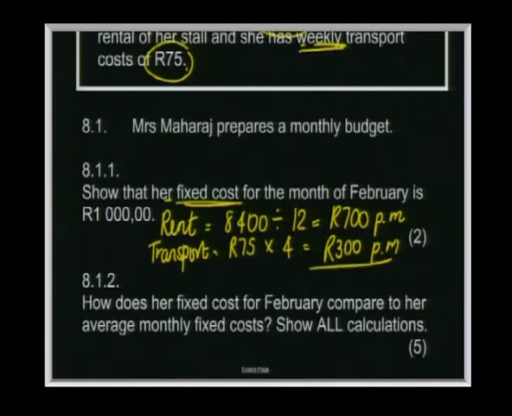And if we add these two up together, that should give me 1,000. And those are my fixed costs. Fixed costs, remember, are costs that don't change. So every single month she will be paying 1,000 rand in her fixed costs. Okay, let's go on to question 8.1.2.